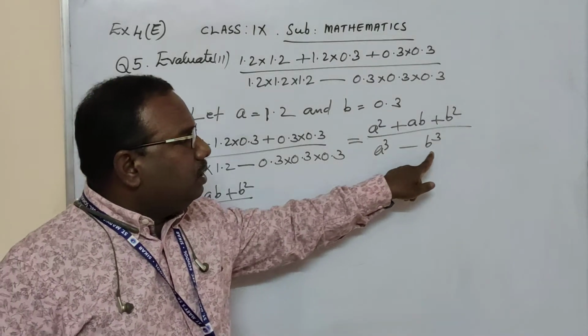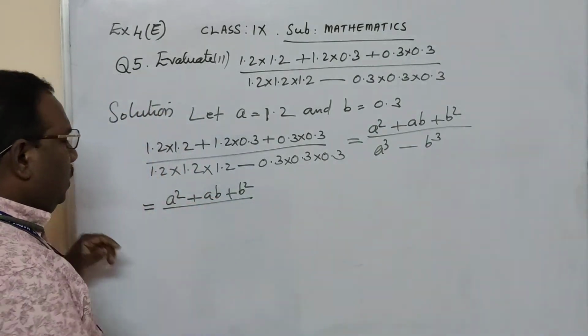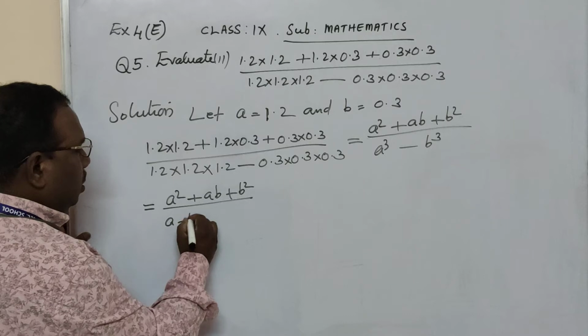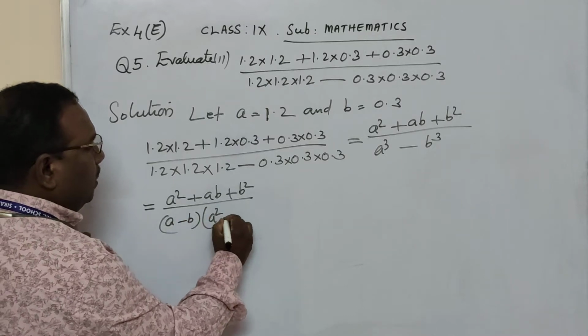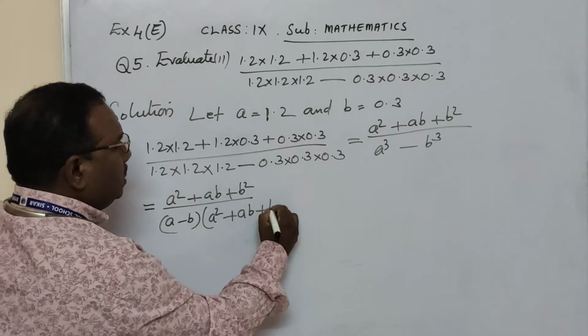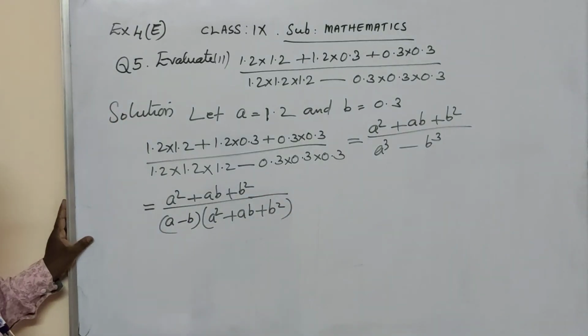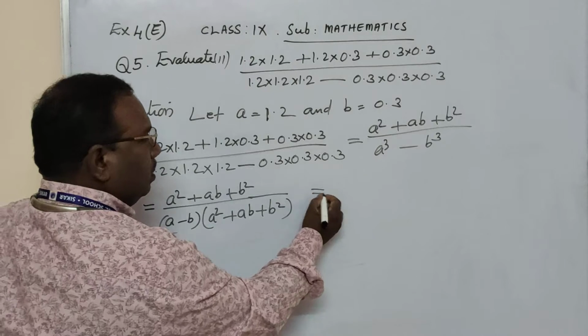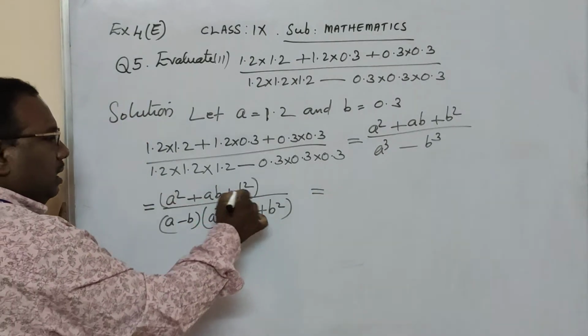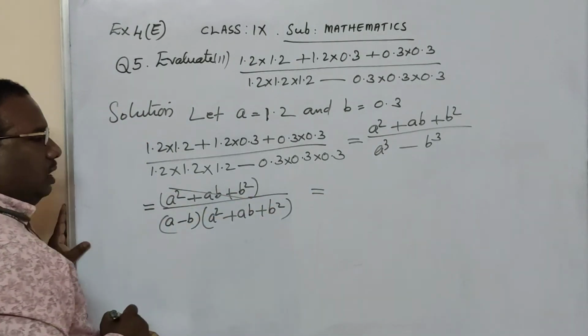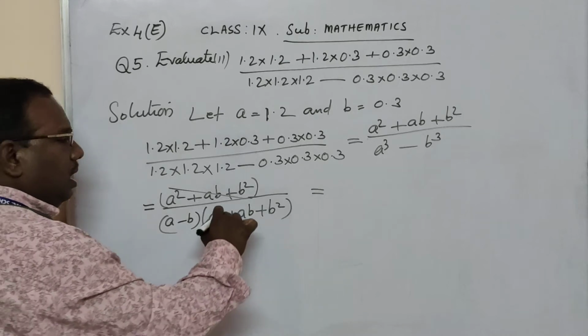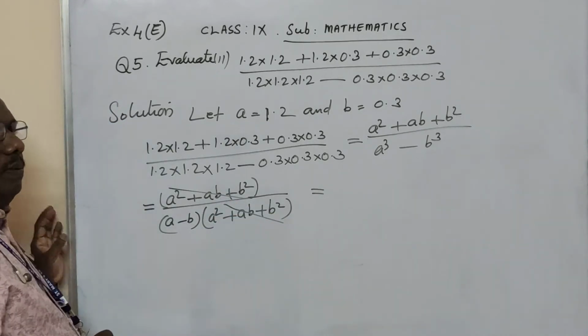What is A cube minus B cube? A cube minus B cube is A minus B into A square plus AB plus B square. Okay? And here you can cancel this bracket, A square plus AB plus B square from both the sides.